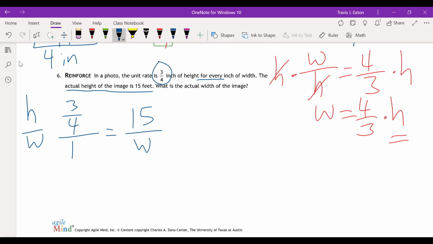So in order to figure that out, how do I get from 3/4 to 15? It's like the scale factor problem. I would need to take that 15 and divide by 3/4 to find out what I would need to multiply 3/4 by to get it. So 15 divided by 3/4 is the same thing as 15 times 4/3. 15 over 1 times 4/3.